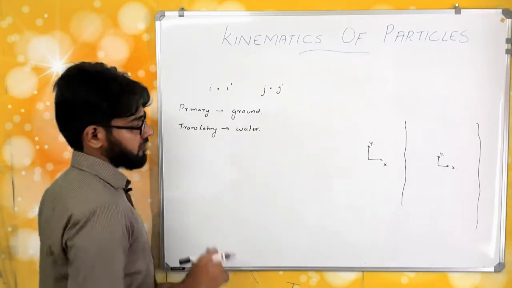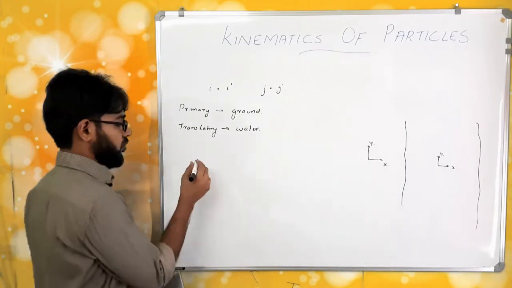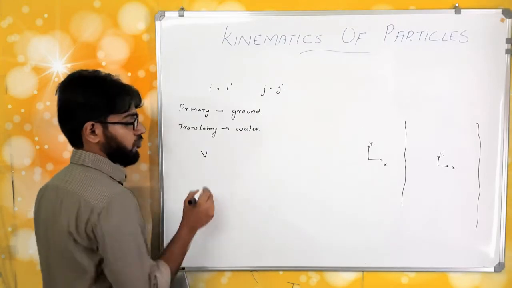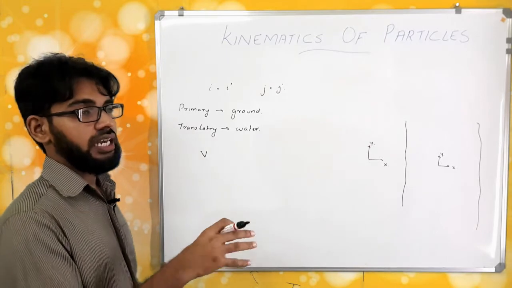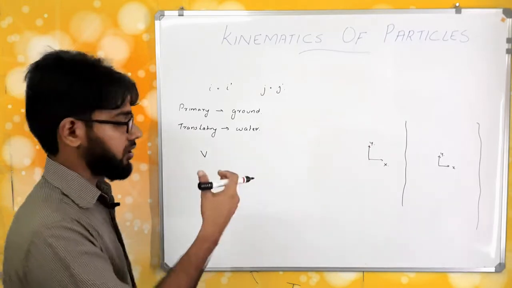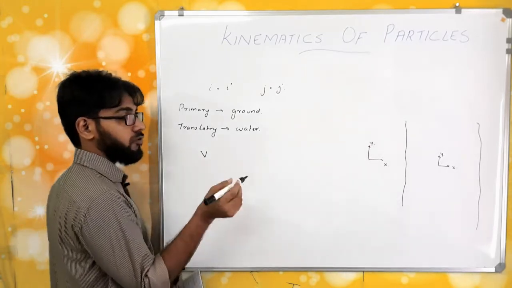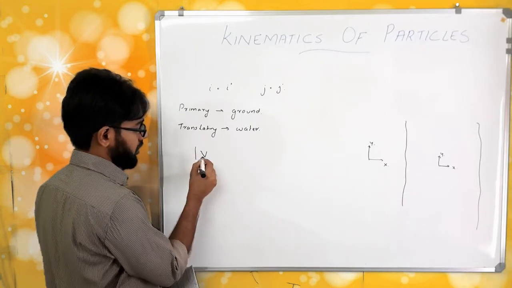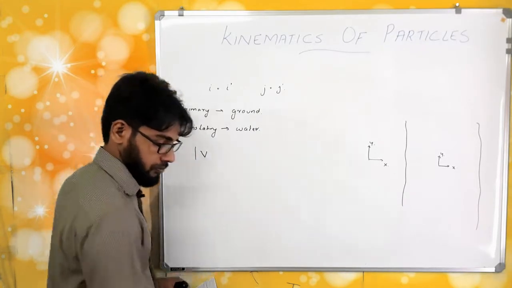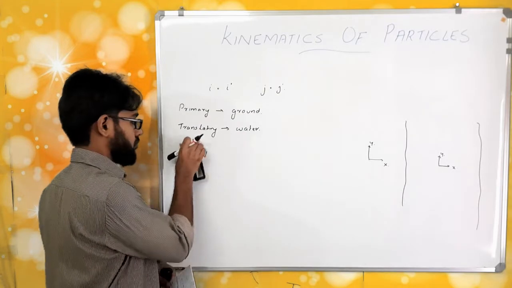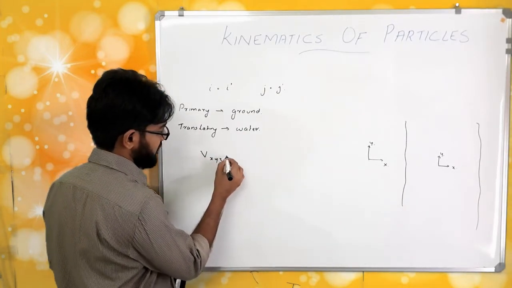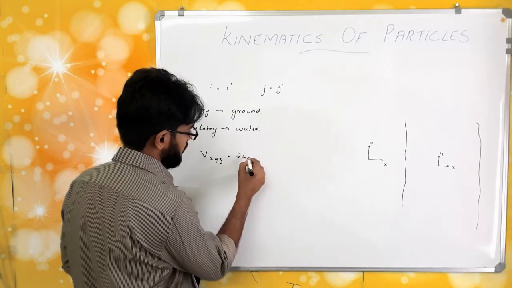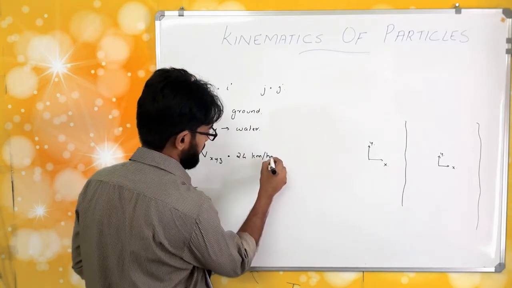Now if you look at this closely, it is given in the question that the velocity of the boat relative to the water is given as 24 km per hour. So the magnitude of V small xyz is given as 24 km per hour.